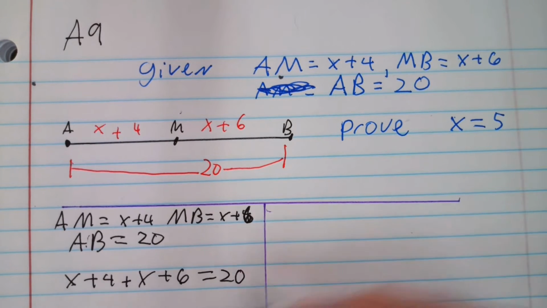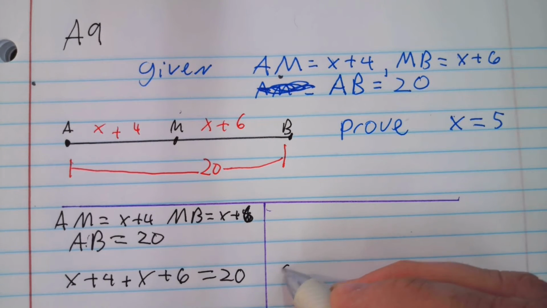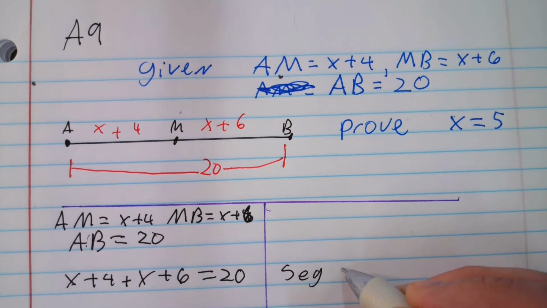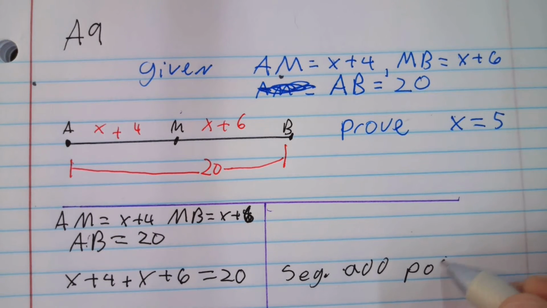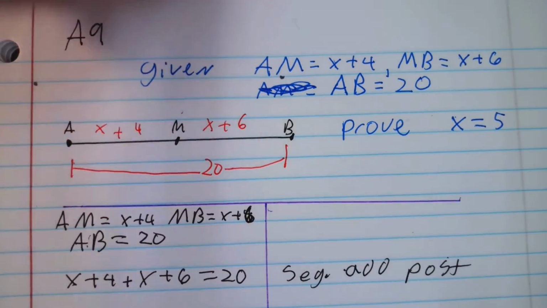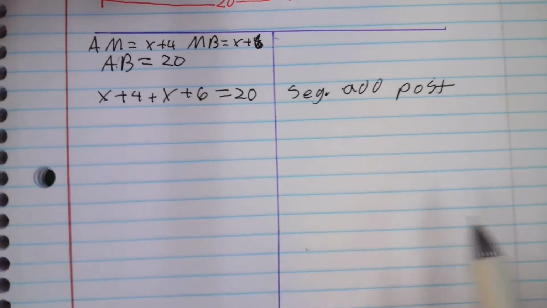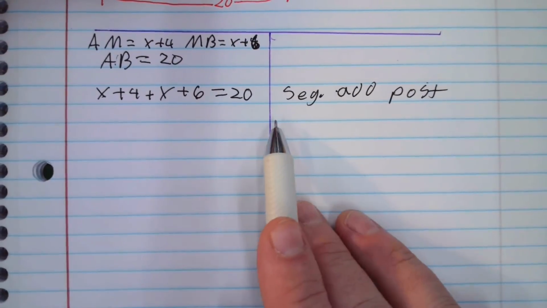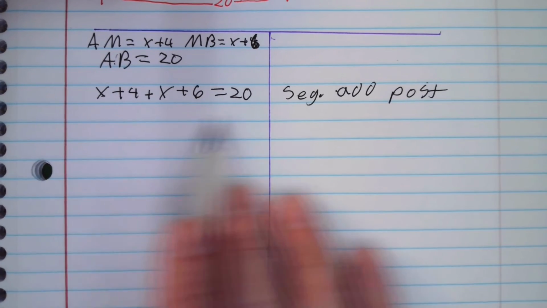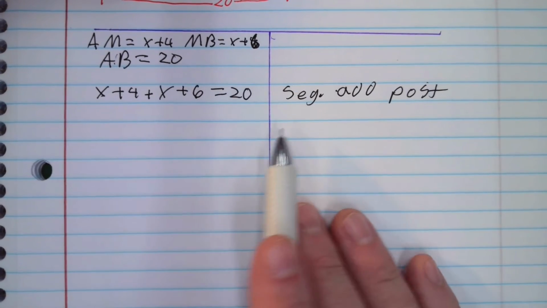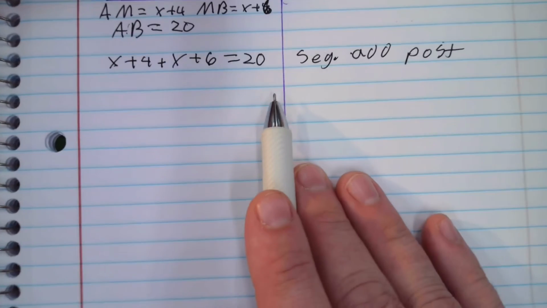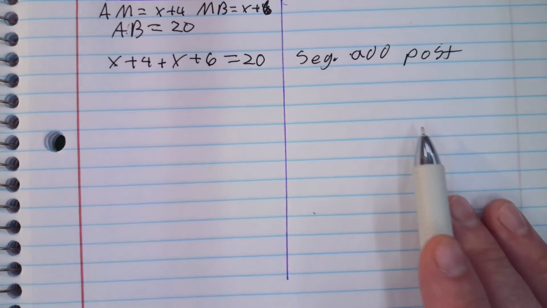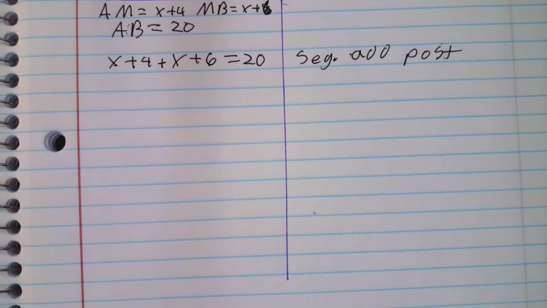Yeah. And then we would say segment addition postulate. That's the added step. If I were you, I would add this to your properties just so it's on that page, because remember I told you that I'm gonna let you look at the properties so we can get this done. This is the additional step.